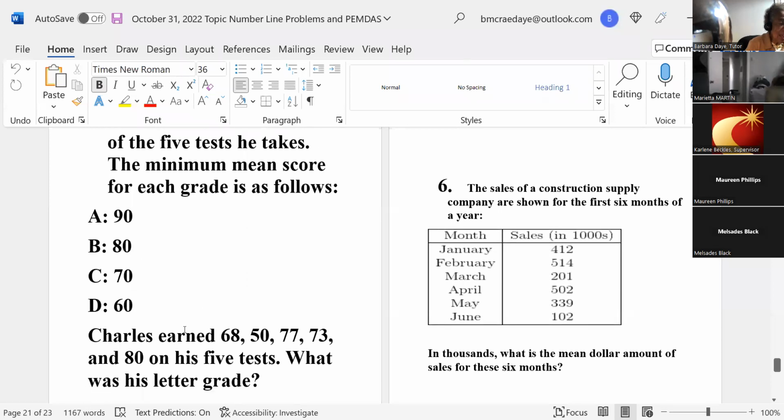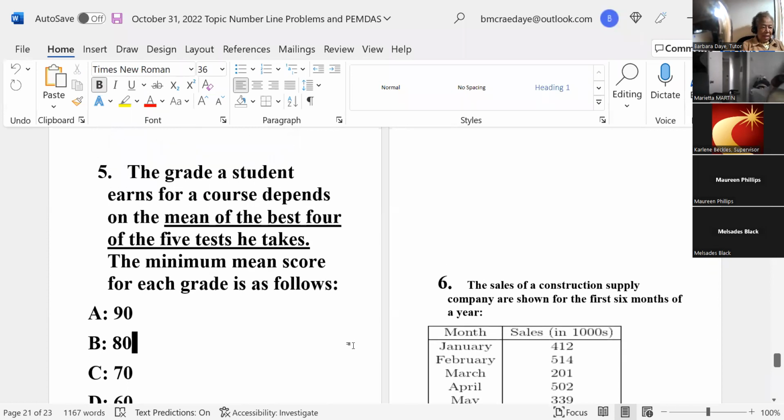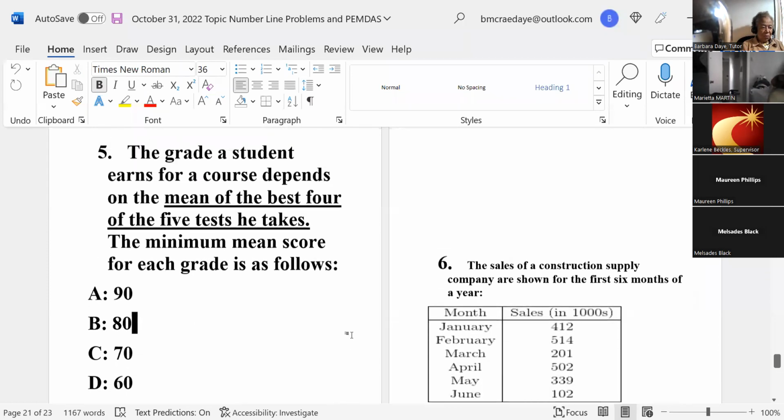Now, Charles has 5 tests, and here are his scores: 68, 50, 77, 73, and 80. What was his letter grade? Remember, the key is the mean of the best 4 of the 5 tests. So calculate your mean. Tell me what letter grade the student earned.